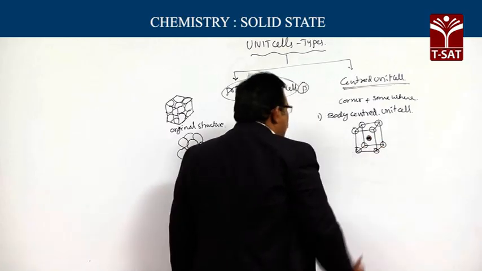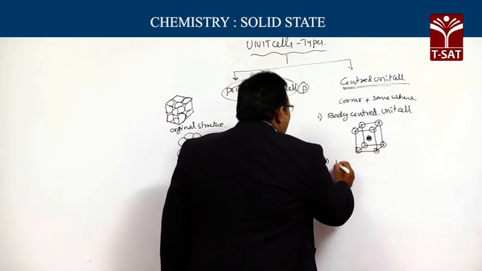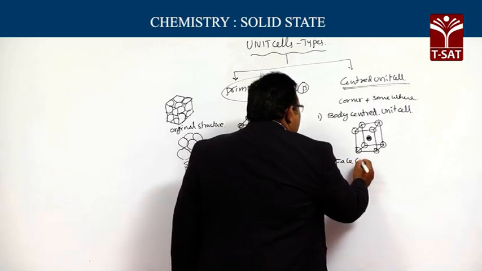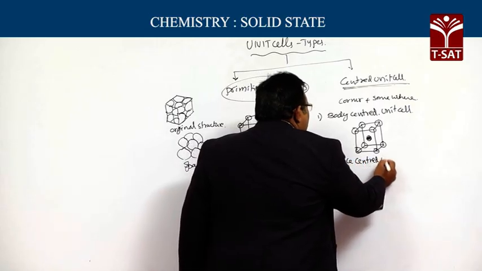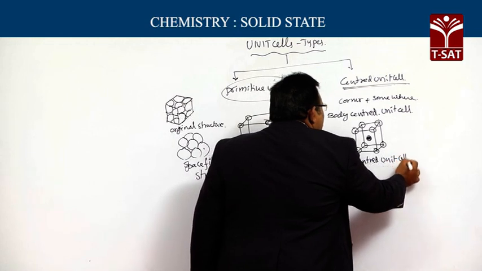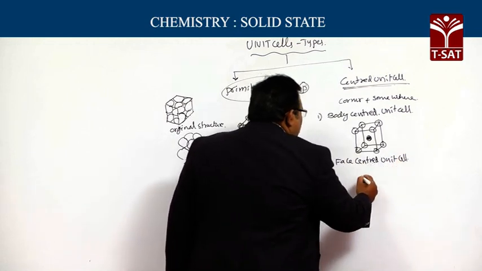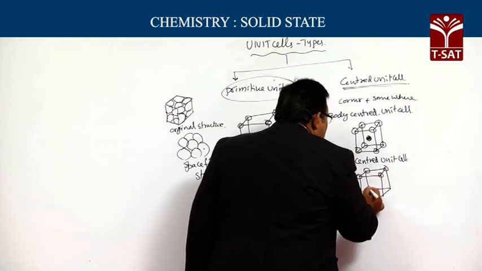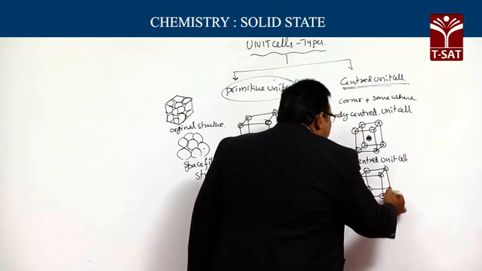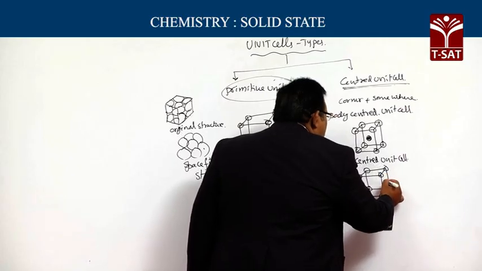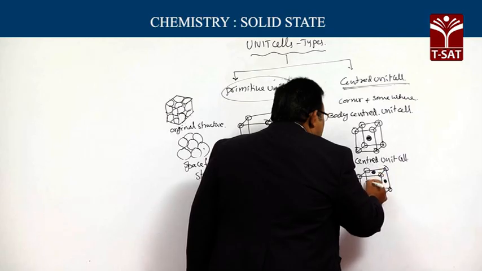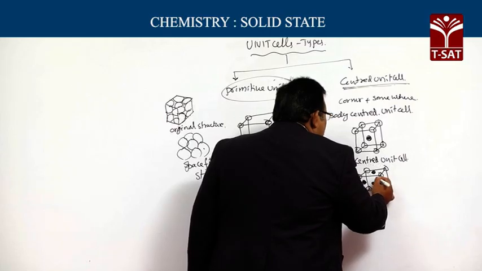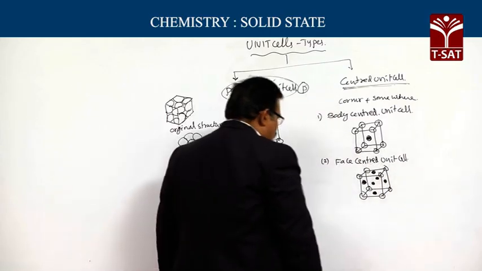This is body centered unit cell. Face centered unit cell. Look at this. Spheres are at corners. See, this is a face at its center. 6 faces will have 6 centers. This is face centered unit cell.